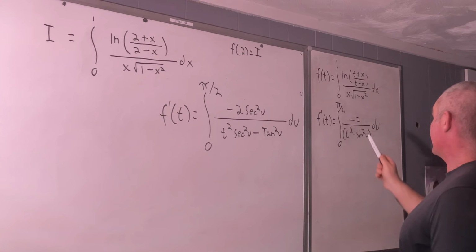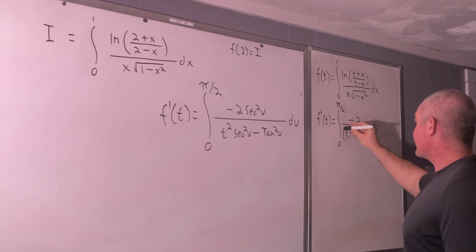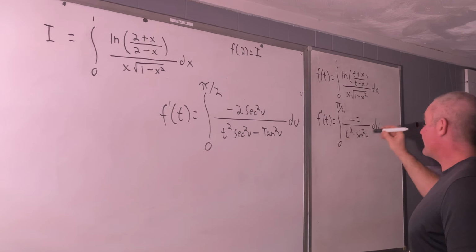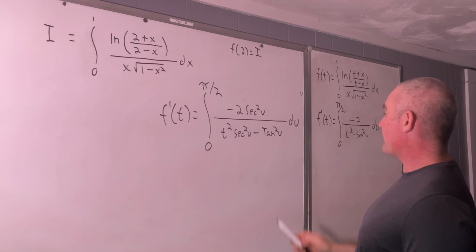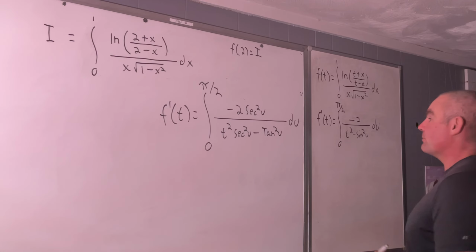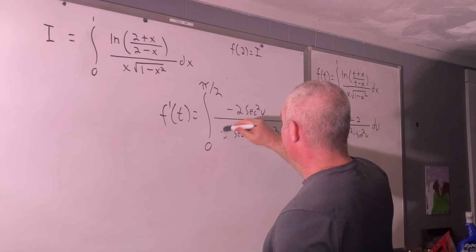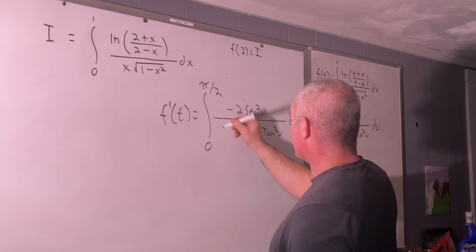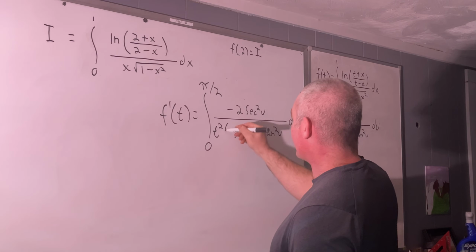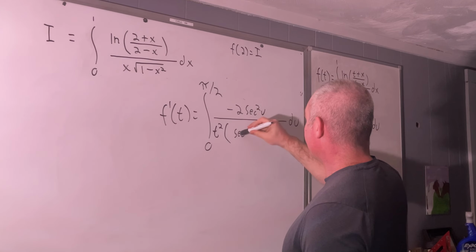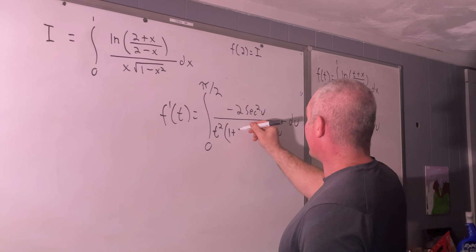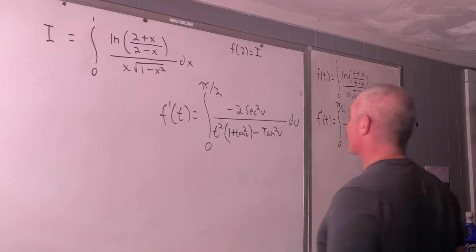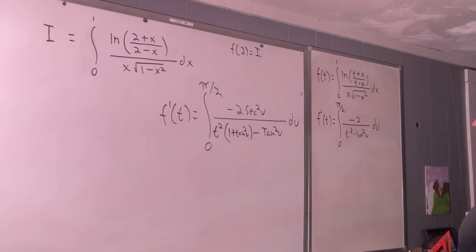Yep. We don't need those parentheses. All right, and then we'll use the property that secant squared u is 1 plus tangent squared u. So I'll move this t squared over here, put a parentheses, and this will be a 1 plus tangent squared u.